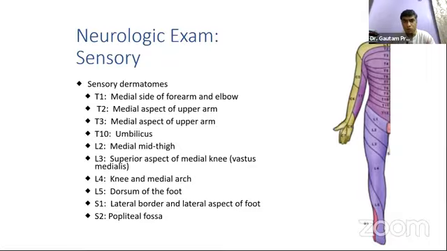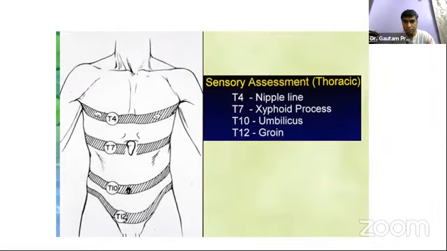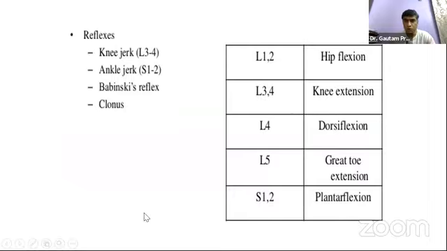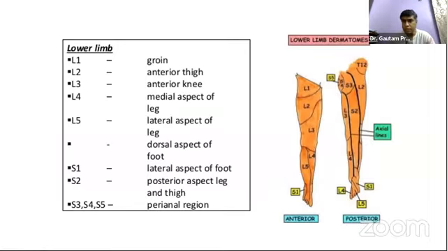Similarly, if we go lower down in the chest, T4 corresponds to the nipple level, T7 the xiphoid, umbilicus with T10, and just over the pubic symphysis, it's T12. Lower down, this is the diagram which one should memorize.